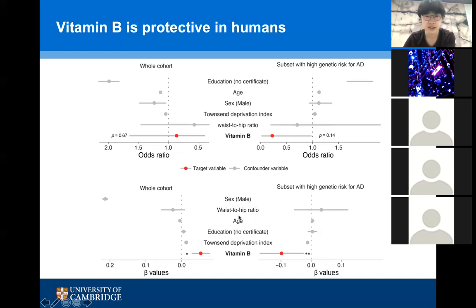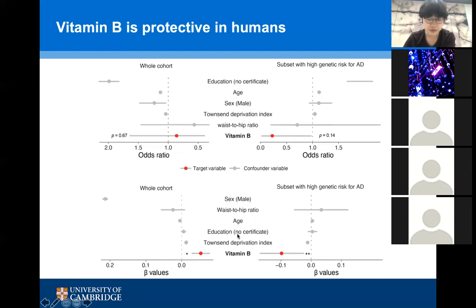And I also looked at sleep, particularly in people with Alzheimer's disease, and then using again the whole cohort and the subset of people with higher genetic risk for Alzheimer's disease.